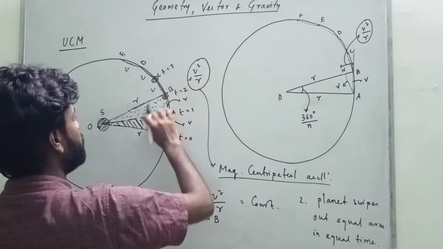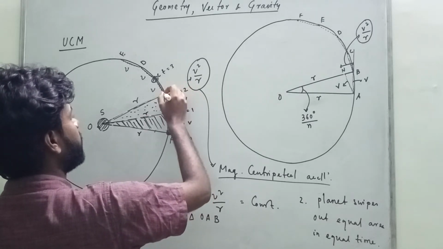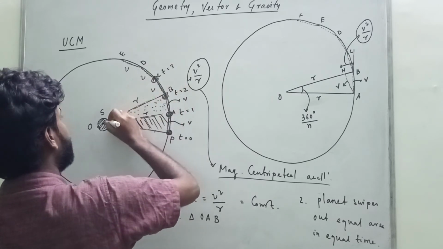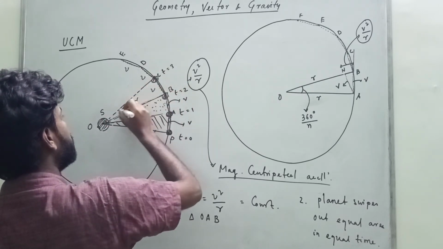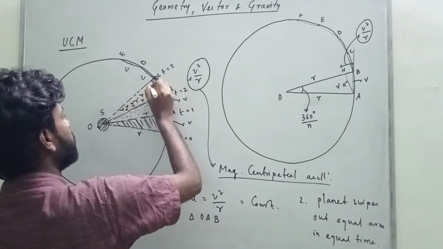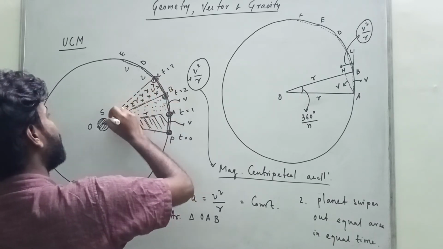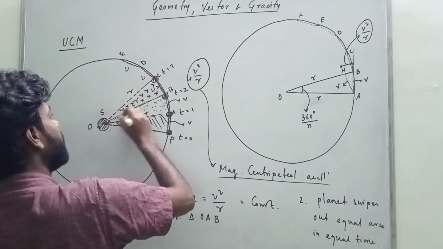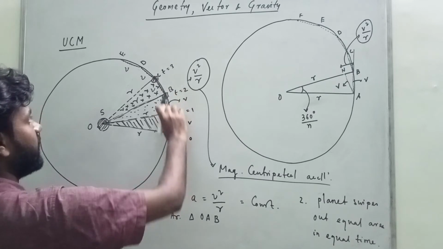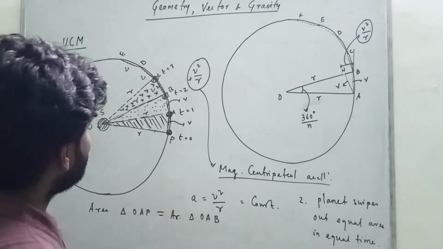Just take it as an area, and the planet goes from B to C, and the area traced out is this crossed region, right? Just think of it as R, and obviously it is V, because it is a regular polygon.